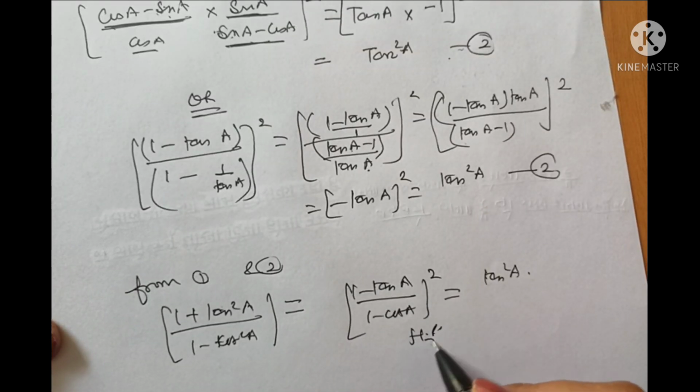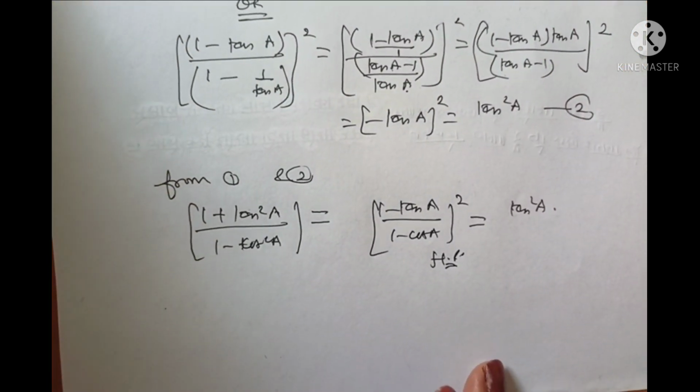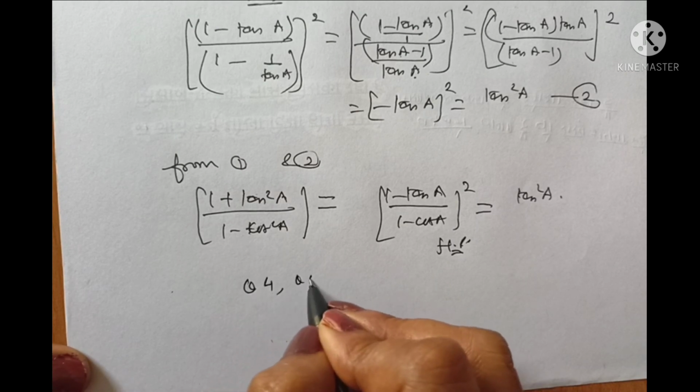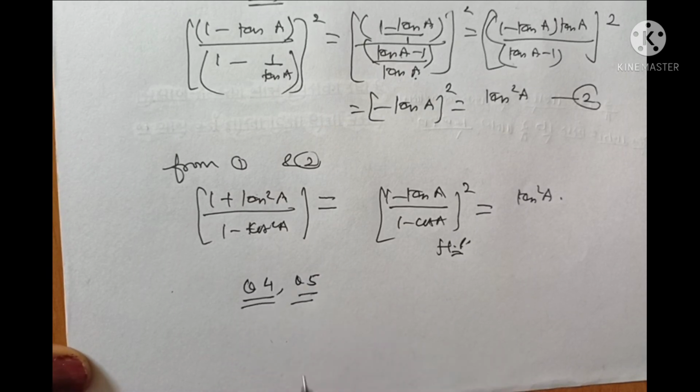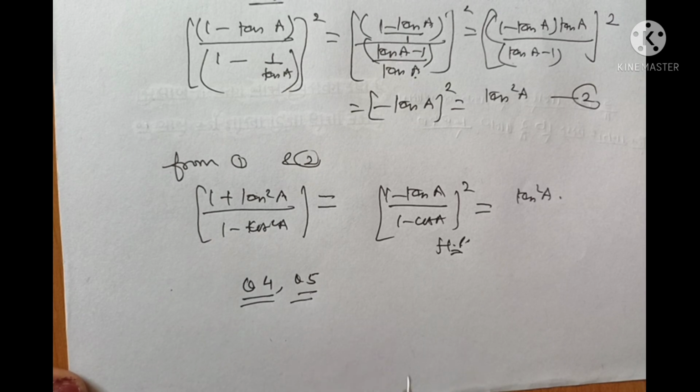Hence proved. So I hope you are able to understand thoroughly all the identities. If you do this question number 4 and question number 5 thoroughly, again repeat yourself and do it with understanding, I am sure you can do any other identity which you get in the exam, even apart from these.